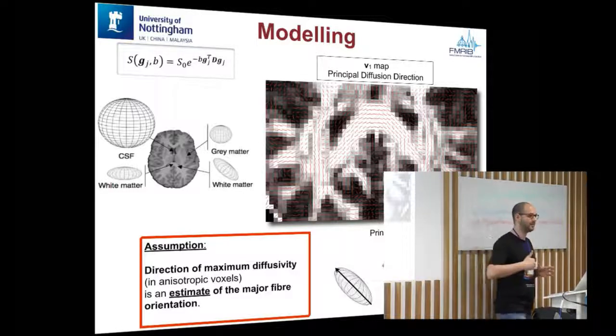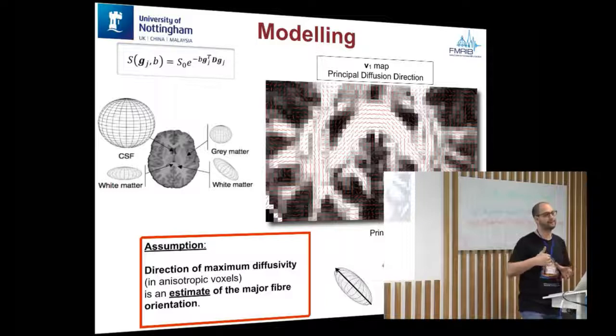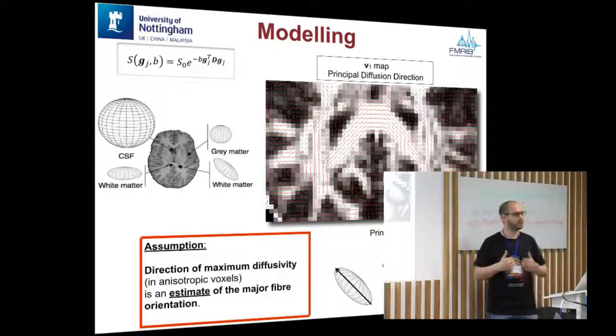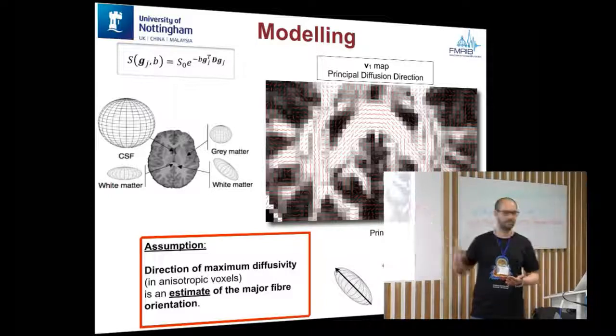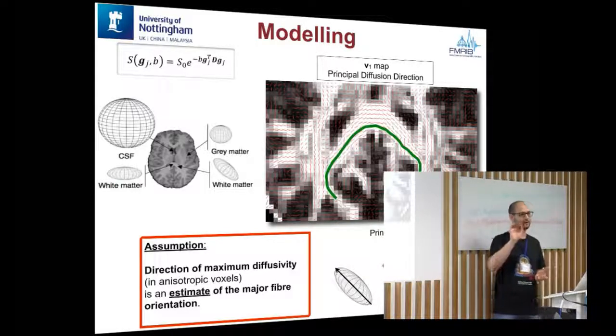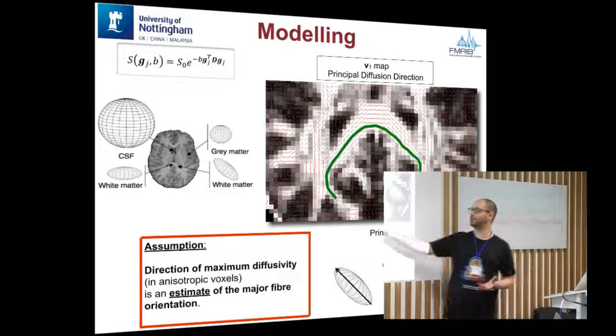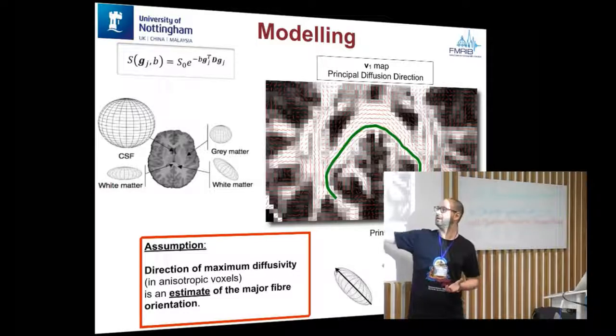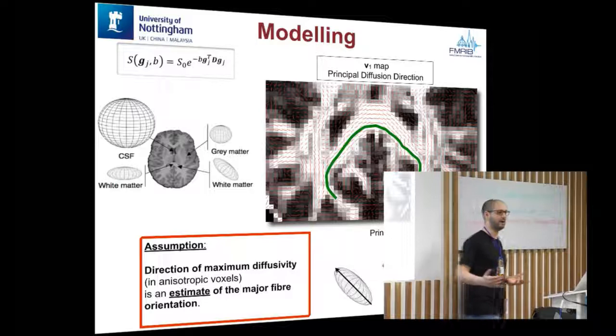And we go back to the original assumption, that now we say that this principal diffusion direction should correspond to the orientation of the white matter fibers throughout the brain. And given this assumption, we can start connecting the dots. So we can start from the left hemisphere and follow connecting all the dots, all the vectors along the path.